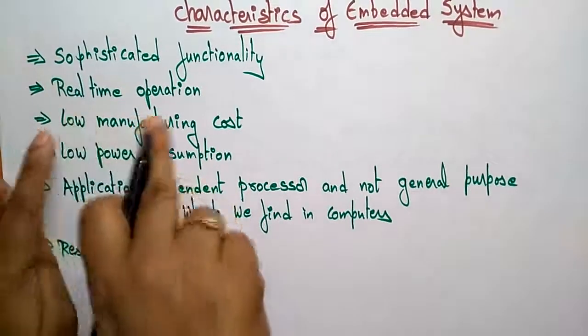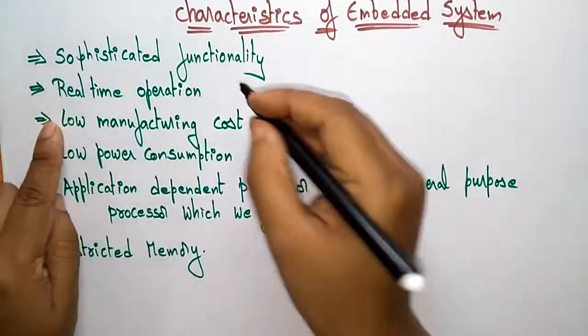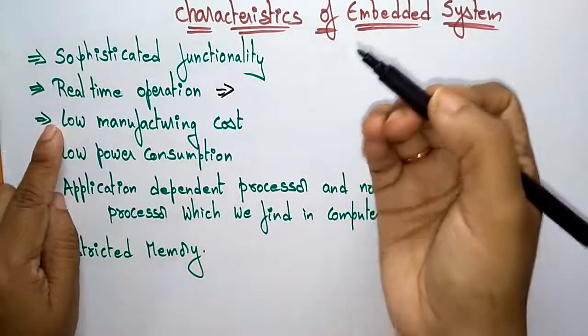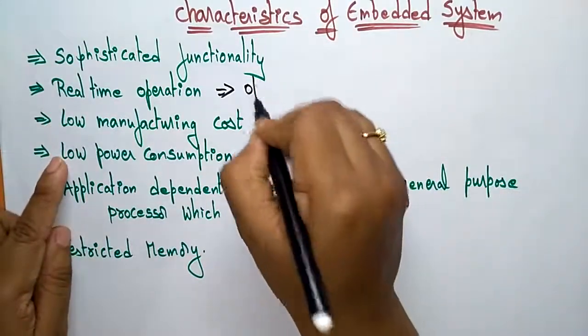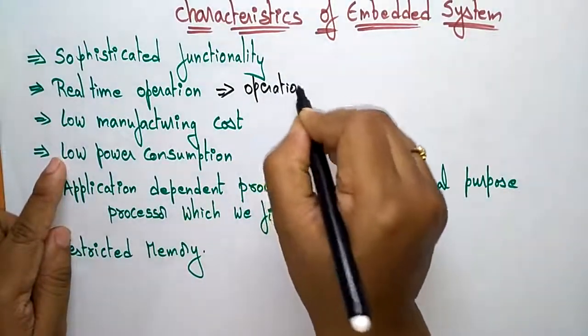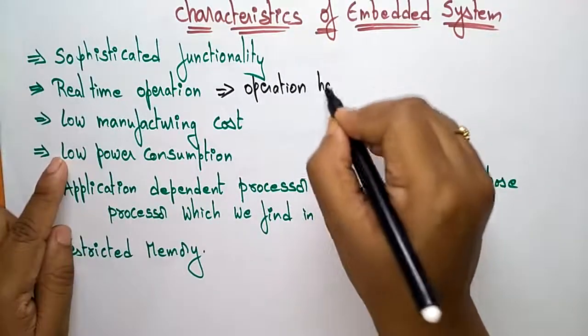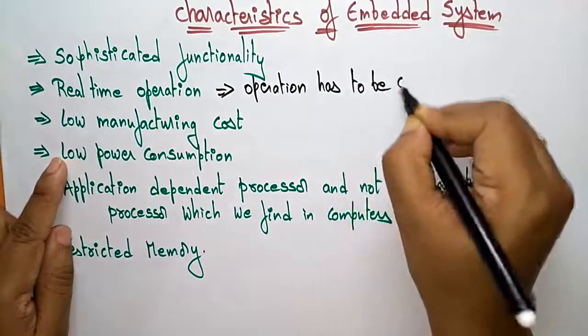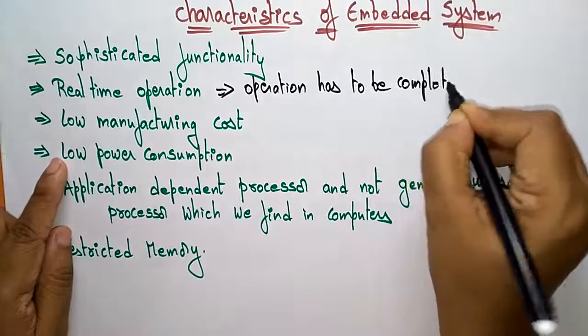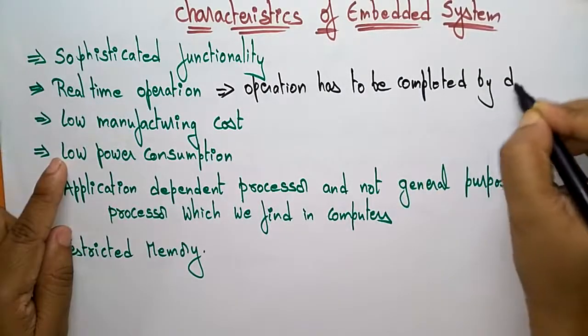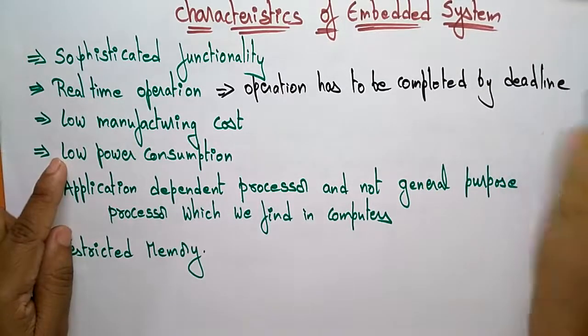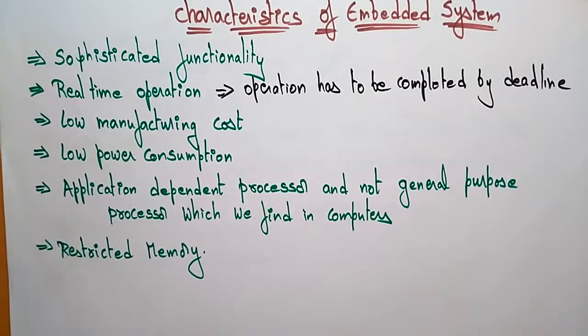So what is a real-time operation? A real-time operation is one that has to be completed by a deadline. Whatever operation is taking place has to be completed within the deadline. Then you can say that the system is a real-time system.